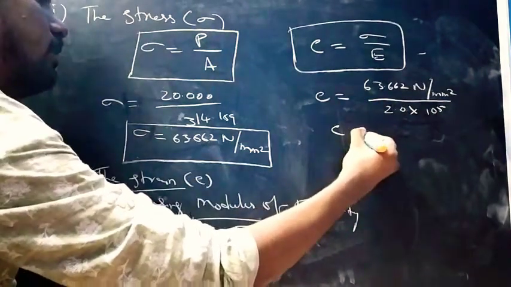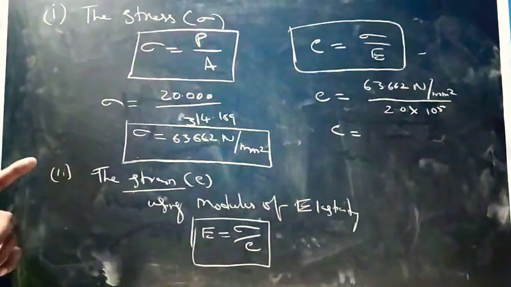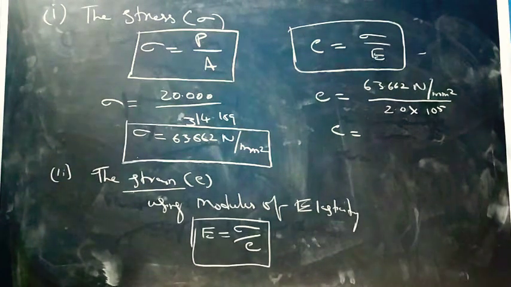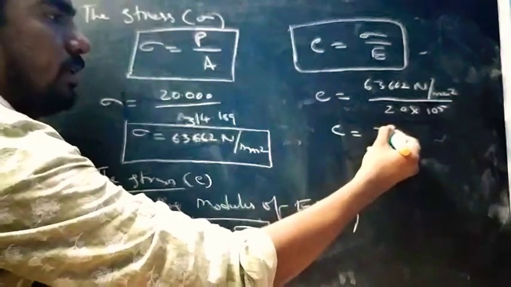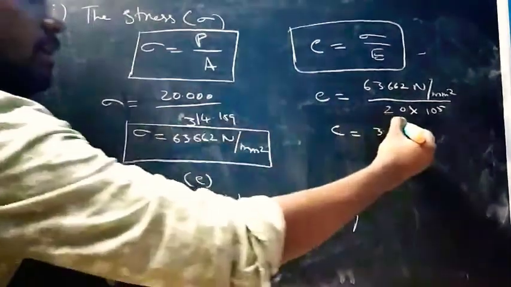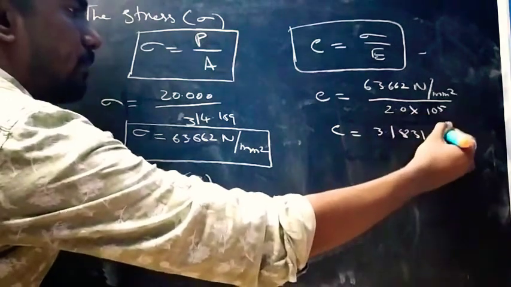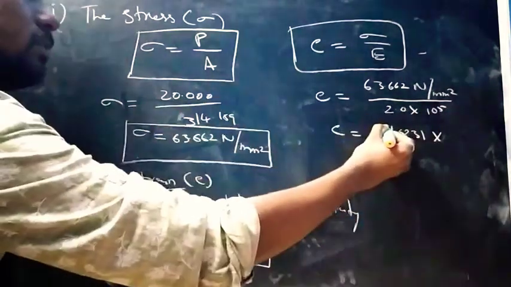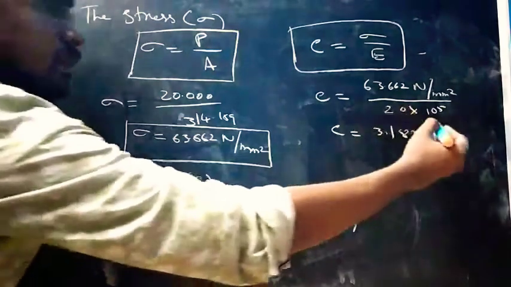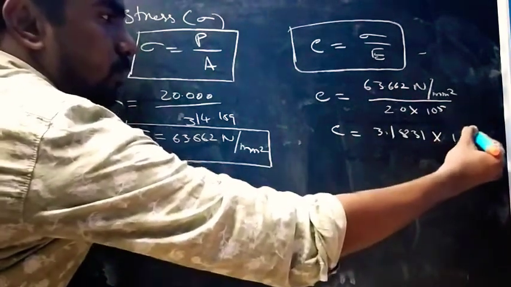With some mathematics, you can get the answer 3.1831, if I am wrong, please correct me, 3.1831 to the power of -4.